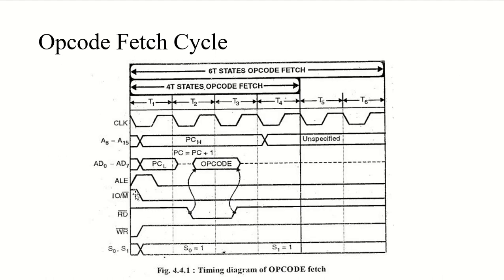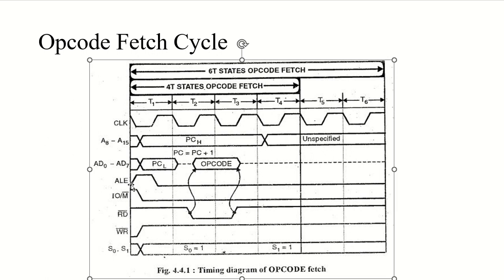See, let's see this IOM cycle or ALE cycle, they have the single line signal, right? So see, it takes some time to go from 1 to 0. So the 1 is the high value, the 0 is the low value. So see, in ALE it takes some time to go from 0 to 1, then again some time to move from 1 to 0. So it does take some time.